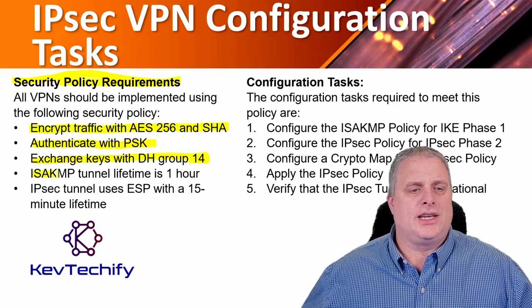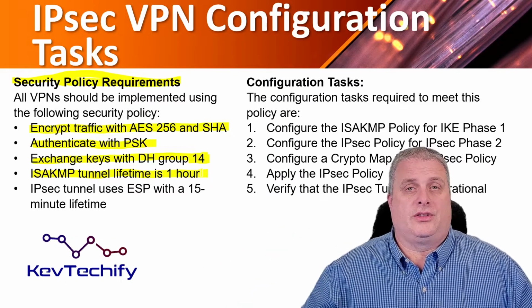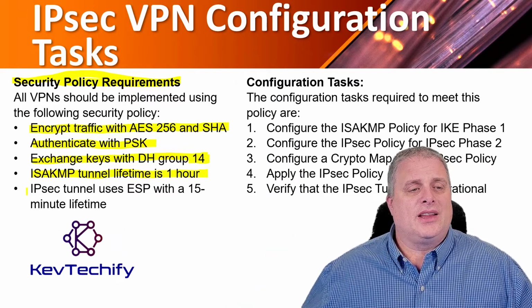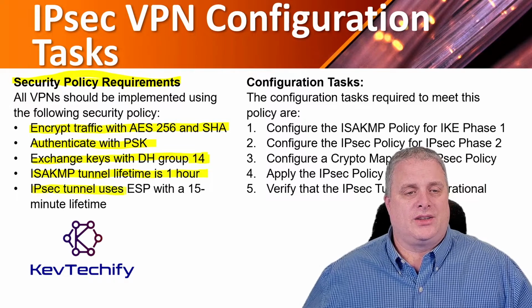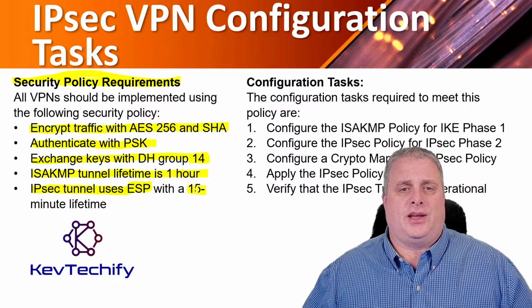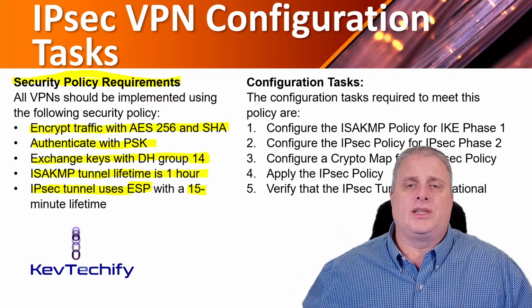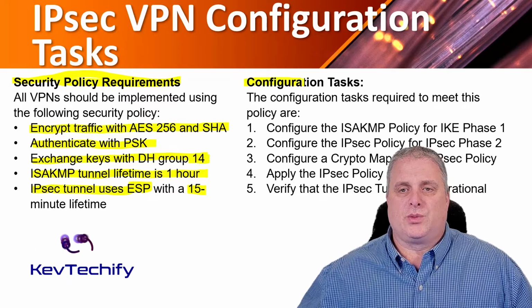We're going to set up our ISAKMP tunnel for a lifetime of 1 hour, so after an hour, it'll tear itself down. And then finally, that actual IPsec tunnel is going to use ESP, and it's going to have a 15-minute lifetime.